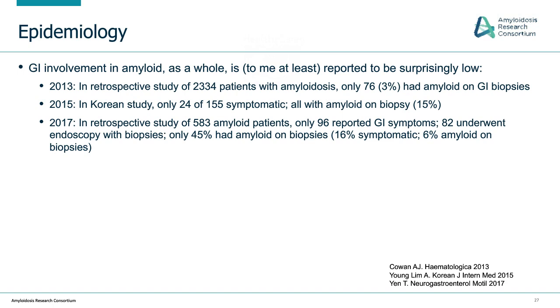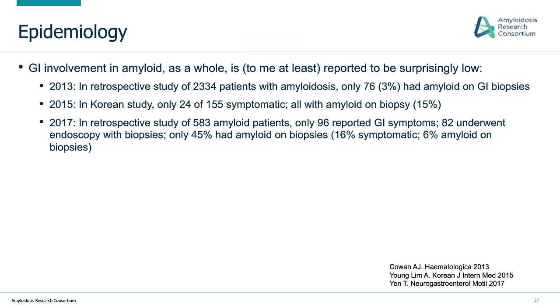In 2015, within a Korean study, they had 24 patients within 155, so 15% in their series. And then at Stanford in 2017, they reported gastrointestinal symptoms in about 16%, and then of those patients that went towards biopsy, they only had 45% confirmation with amyloid of that 16%.